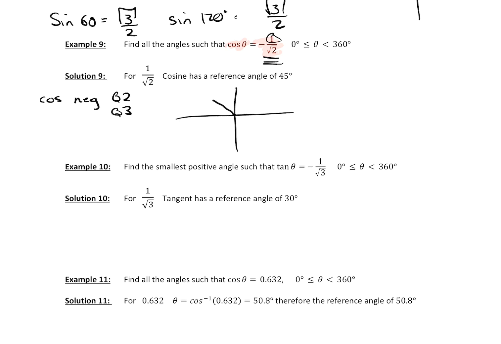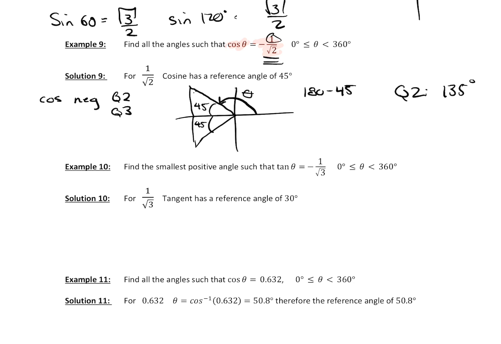So you have a 45-degree angle here, and you have a 45-degree angle here. You're trying to find the actual angles with those reference angles. This one is 180 minus 45, so your Q2 answer is 135 degrees.